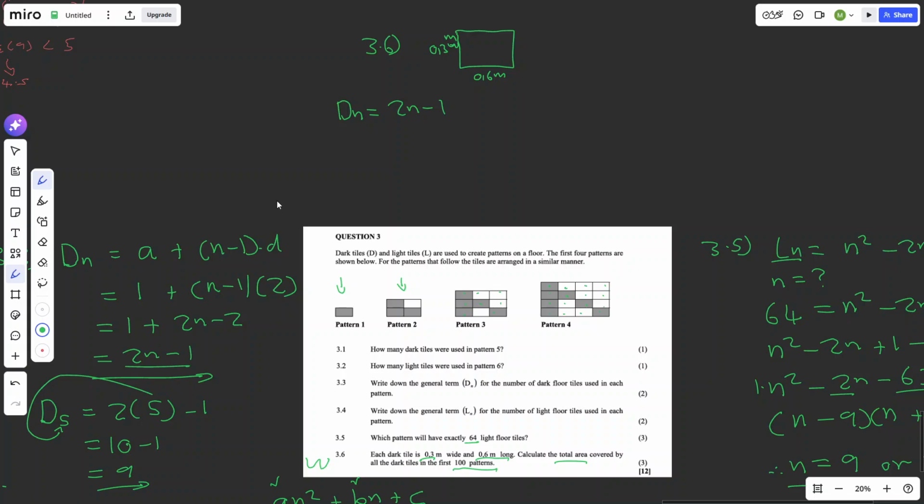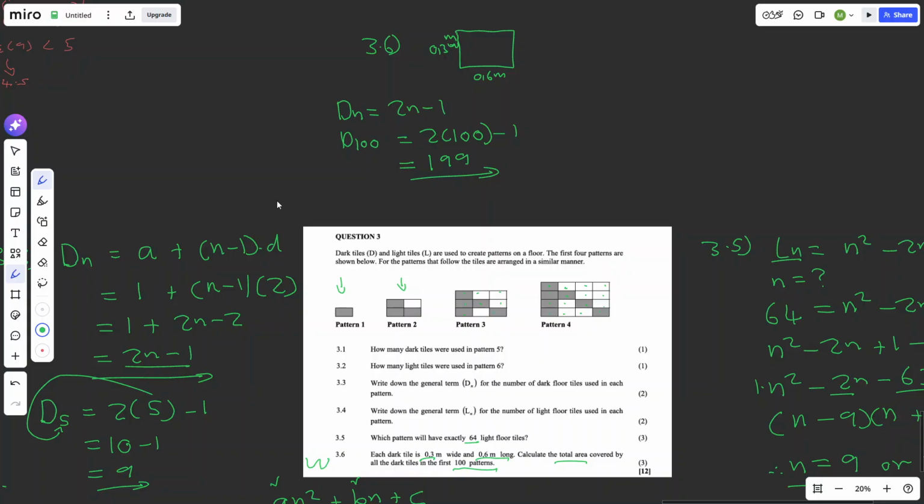So we need to find how many dark tiles there are for the first 100 patterns. We can use this formula to find the number of dark tiles, right? So this will be 2 times 100 minus 1, which will be 199. So there are 199 dark tiles, right?